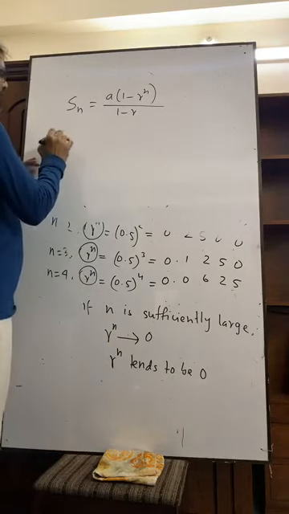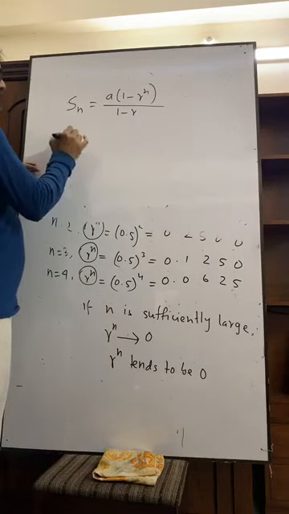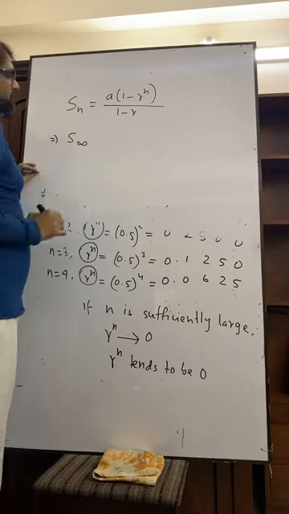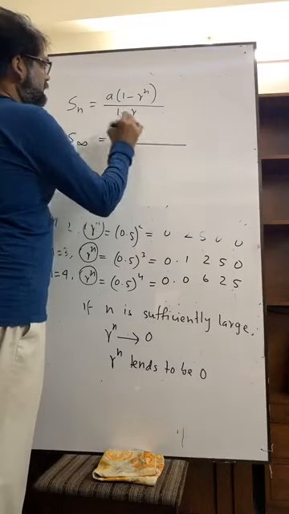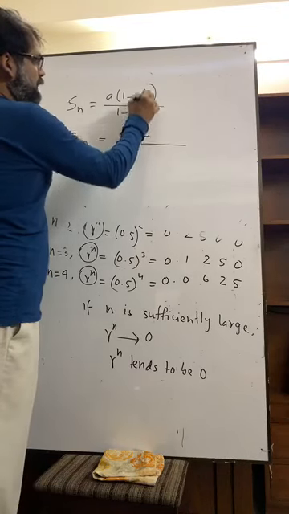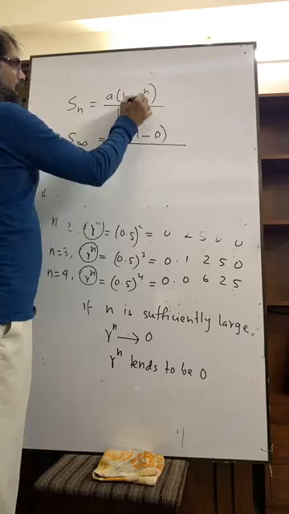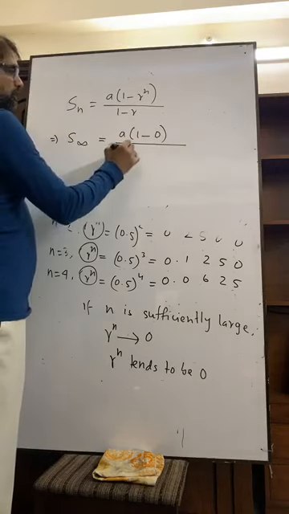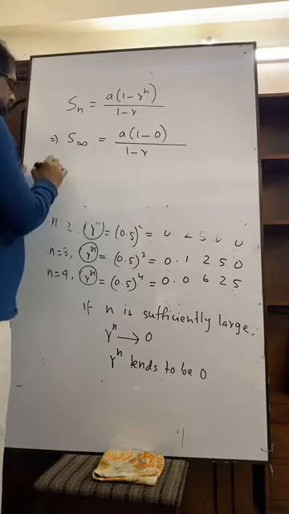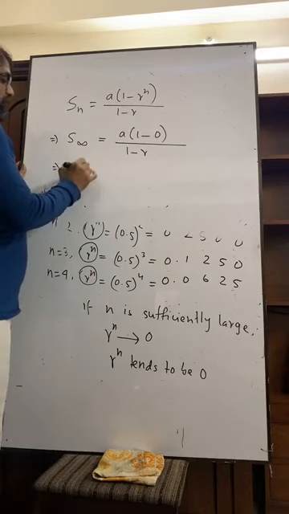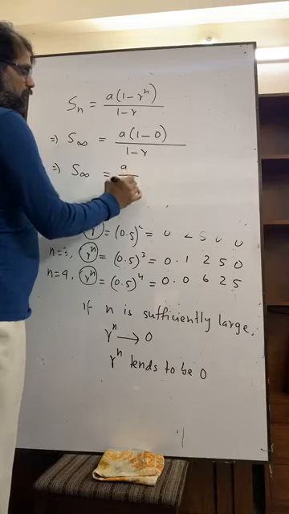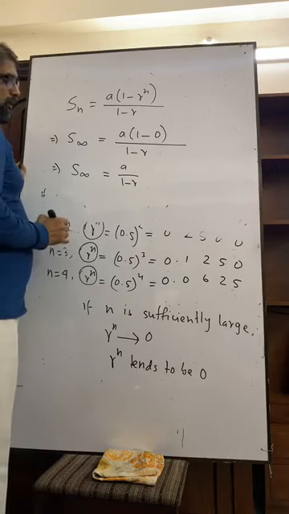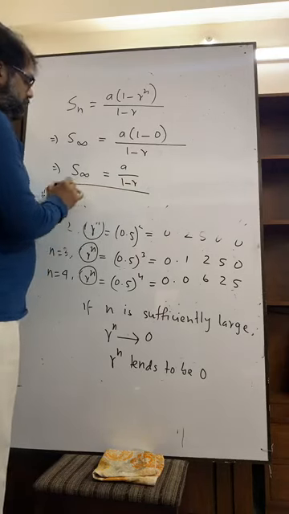If n is sufficiently large, that is n is infinity, an infinite number, then r to the power n equals 0. So S infinity equals a by 1 minus r. This is the formula to find the sum of an infinite geometric series.